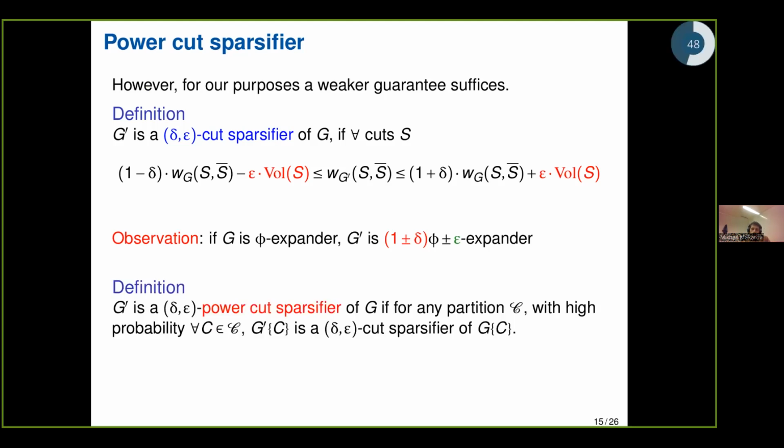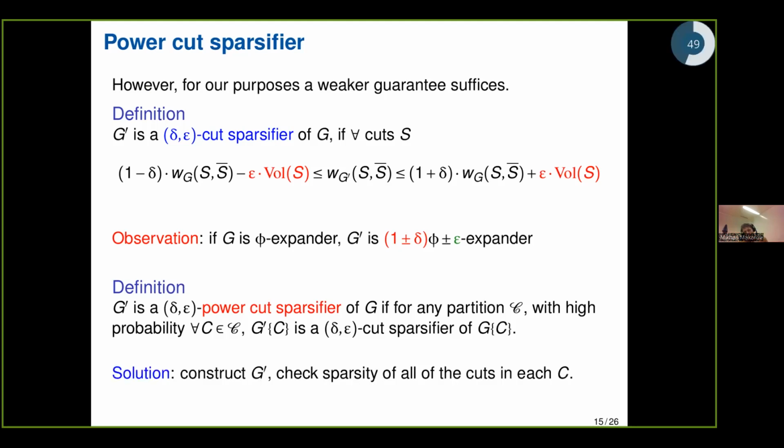And similarly to the strengthening that I proposed earlier, we can strengthen this concept to the concept of delta epsilon power cut sparsifier, where for each partition C, you would want with high probability that for all clusters in this partition, G prime restricted to each cluster would be a delta epsilon cut sparsifier of G restricted to this cluster.